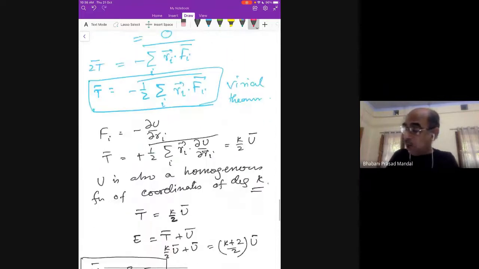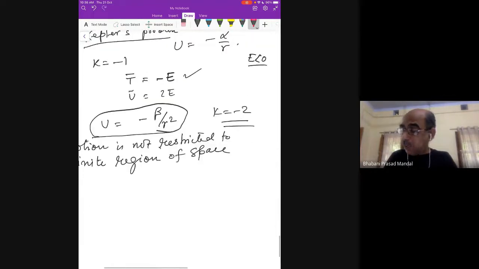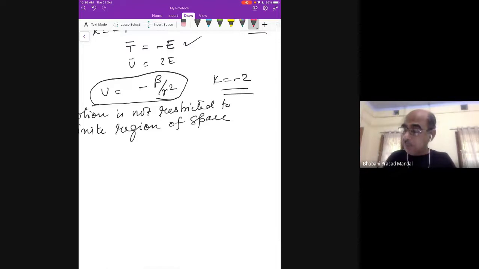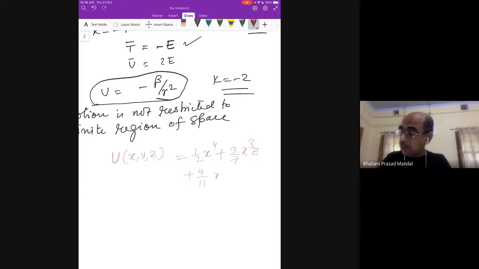Okay, so this is all about virial theorem, except one remark. In exam, sometimes we ask that if you have a potential, say of x, y, z, like half x to the power 4 plus 3 by 7 x cube z plus 9 by 11 x square y square, a complicated potential, and you are not familiar with this system.